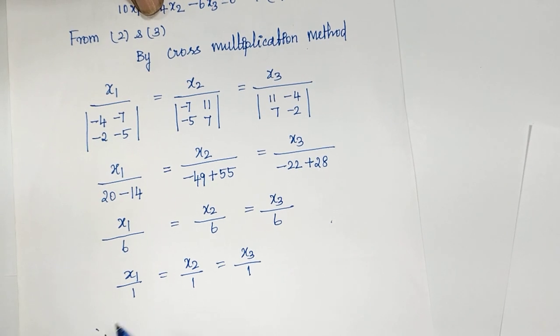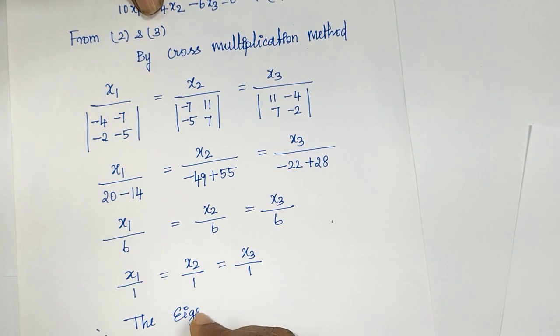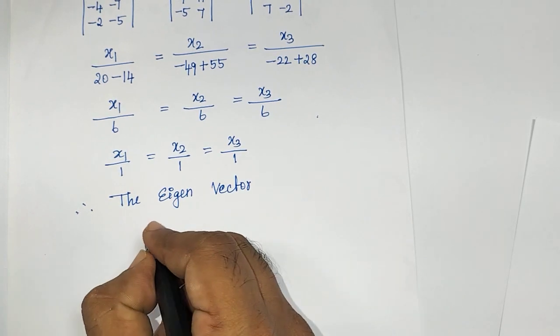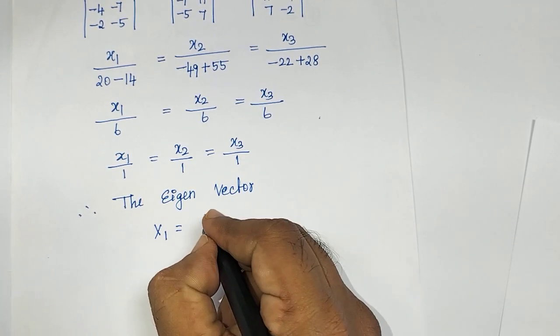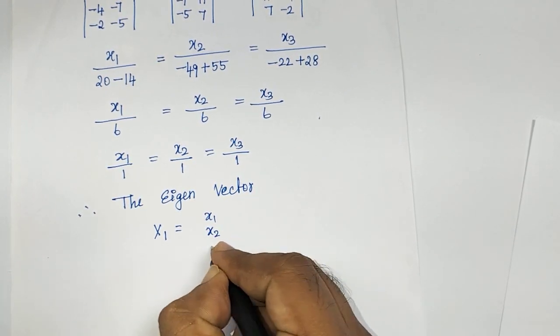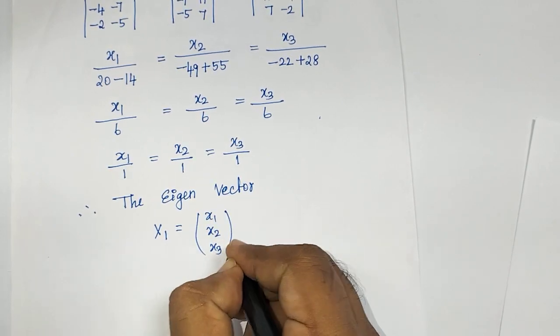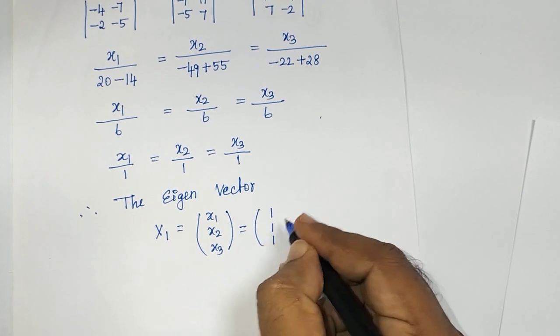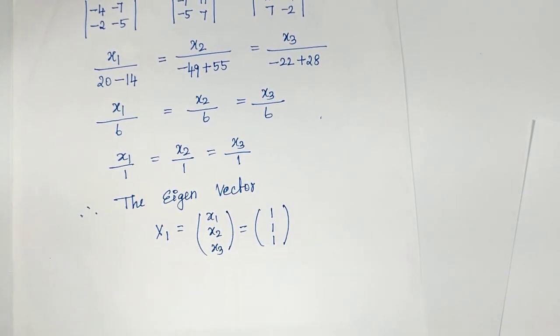So therefore the first eigenvector capital X1 equals small x1, small x2, small x3, which means you will get capital X1 equal to 1, 1, 1. This is your first eigenvector.